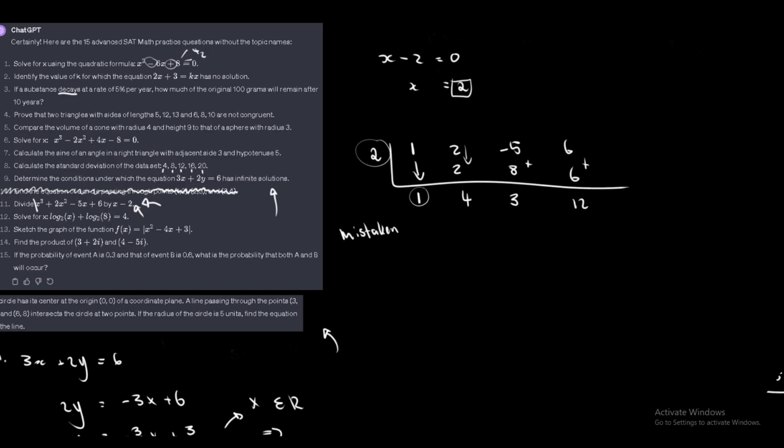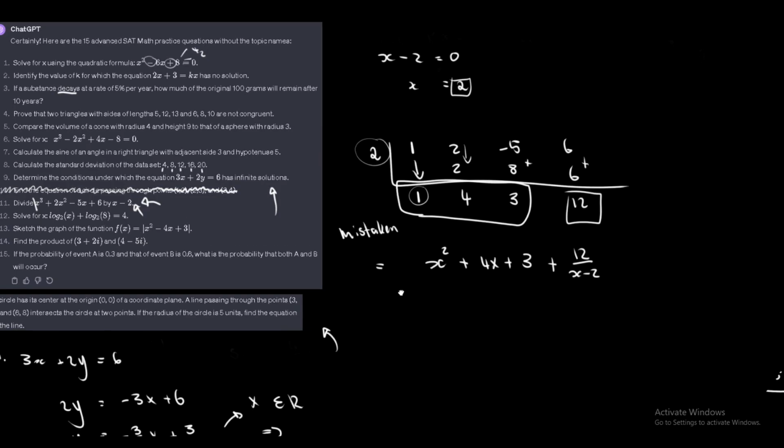Well, if that's the case, I have my new polynomial, which is going to be x squared plus 4x plus 3. And since I found some remainder, I can say plus 6, and I'm going to divide this by my original divisor. So this would then be my final answer.